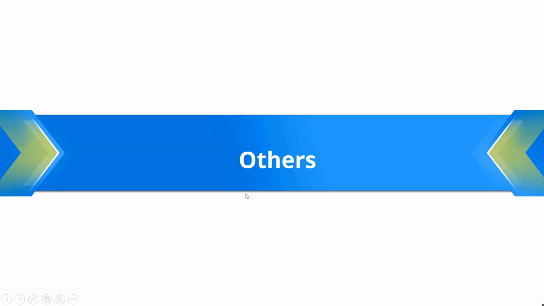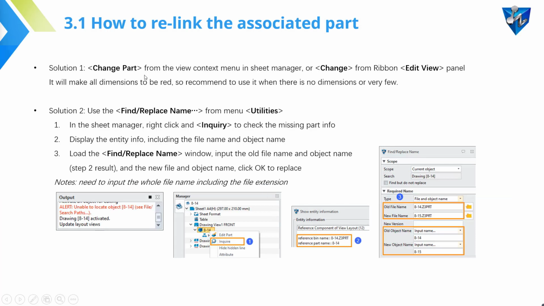So for the others, like how to relink the associated part for the 2D drawing, you can just follow these two solutions. For the 2D drawing with few dimensions or no dimensions, we can just use the change part.